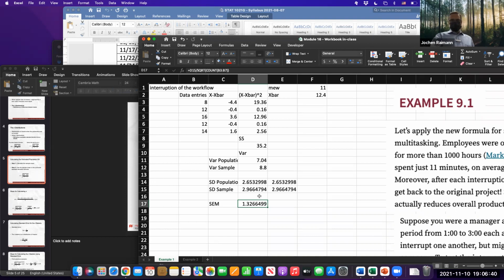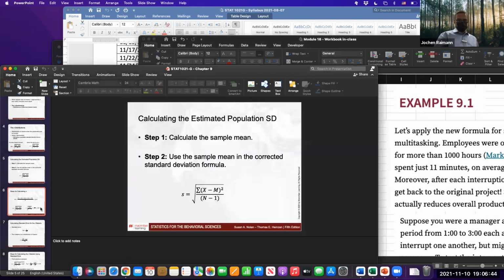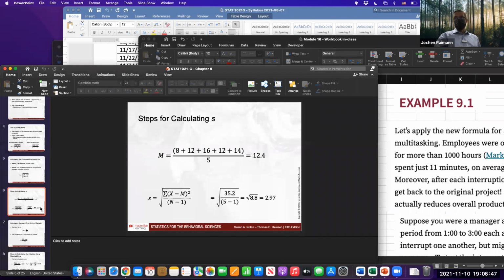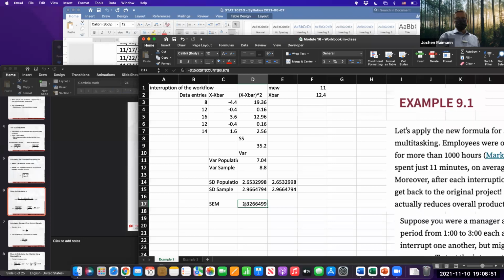Okay, good. So we have the standard error of the mean now. So what do we want to do? How do you get the standard error? Well, you're dividing by the square root of the n, the square root of the count.